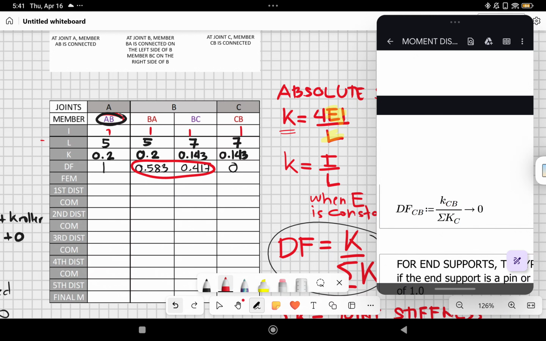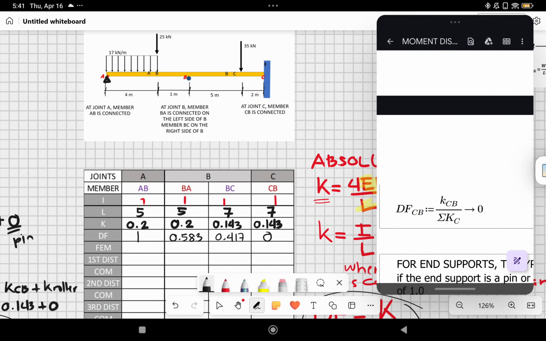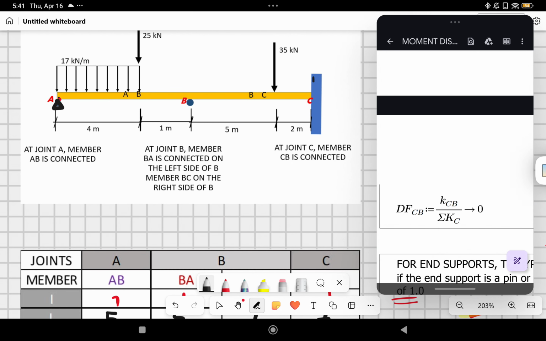So what does distribution factor mean? Distribution factor just means how much of the moment will be transferred to each member. For example, there is an applied moment here at this joint.